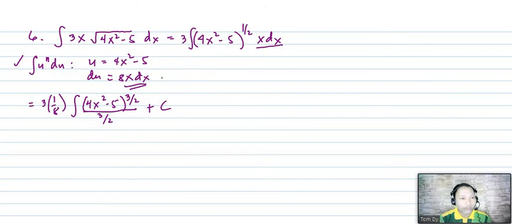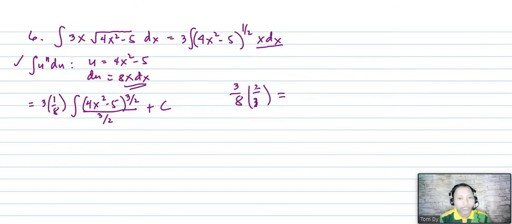So when we multiply this one, you have here 3 times 1, that is 3 over 8. And then this is 3 over 2, so dividing by 3 halves, this 2 becomes 2 over 3.